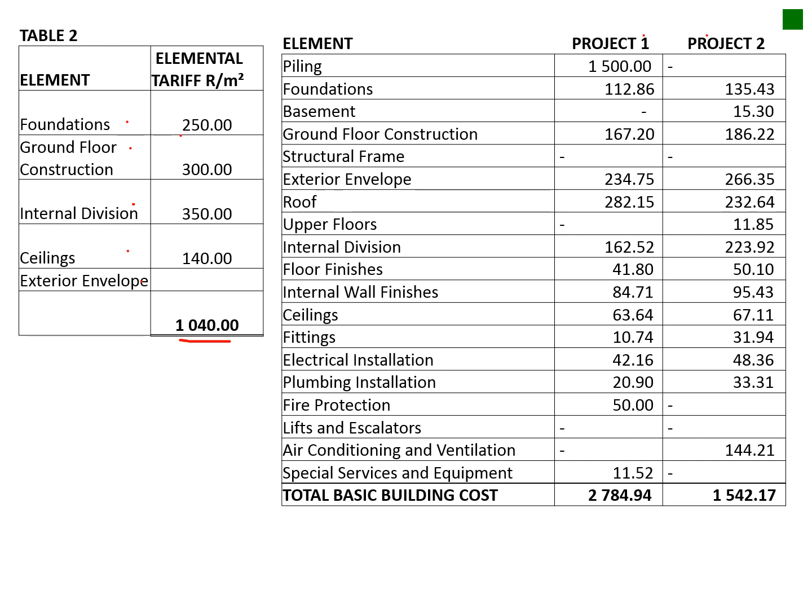Okay, so what you basically do is you have your historical data. I only added project 1 and 2. Now you go through it systematically and you identify your different items which correlate. So foundations, ground floor construction, internal divisions, ceilings. Okay, and you add those items together to get your relevant percentage.